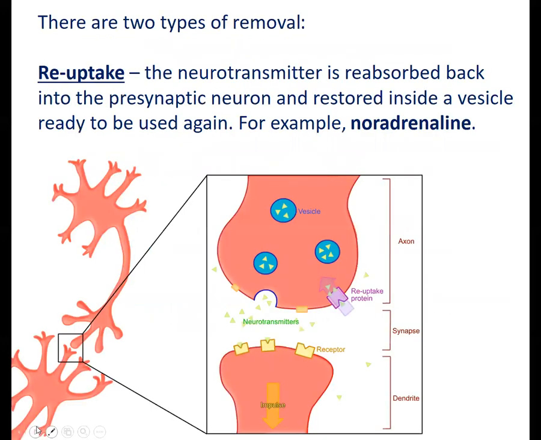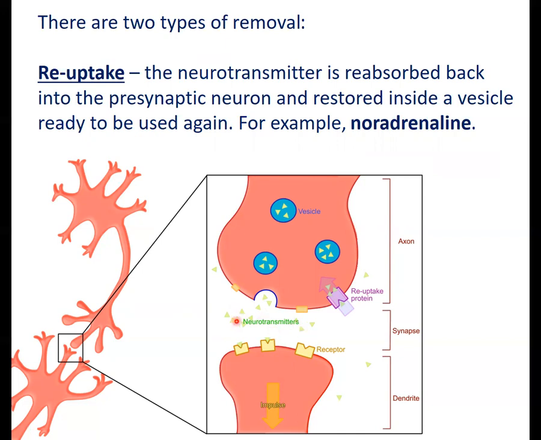The first way is the simple way, and that's just a simple reuptake of the neurotransmitter. Here's the presynaptic neuron, and there's the postsynaptic neuron with the receptors. You can see the vesicles containing the neurotransmitters being released into the synaptic cleft. They move across, bind to the receptor, threshold is reached, and the impulse is passed on.